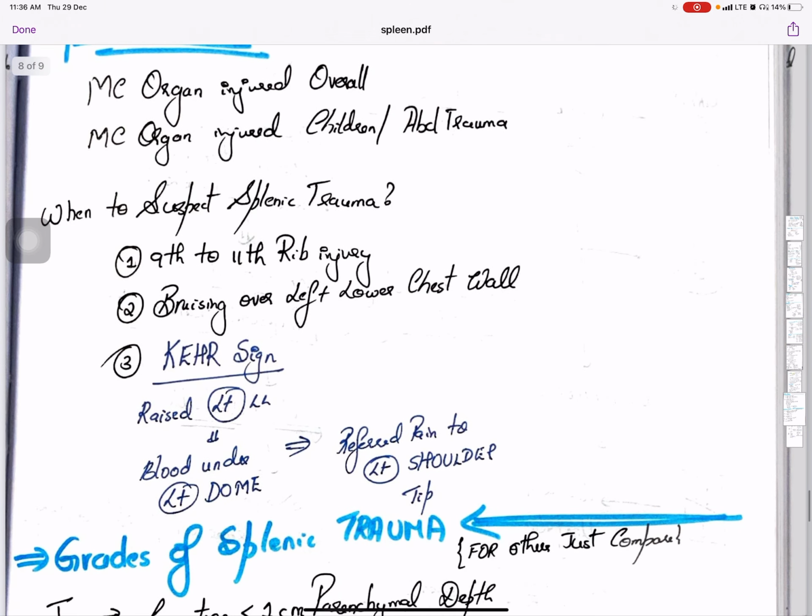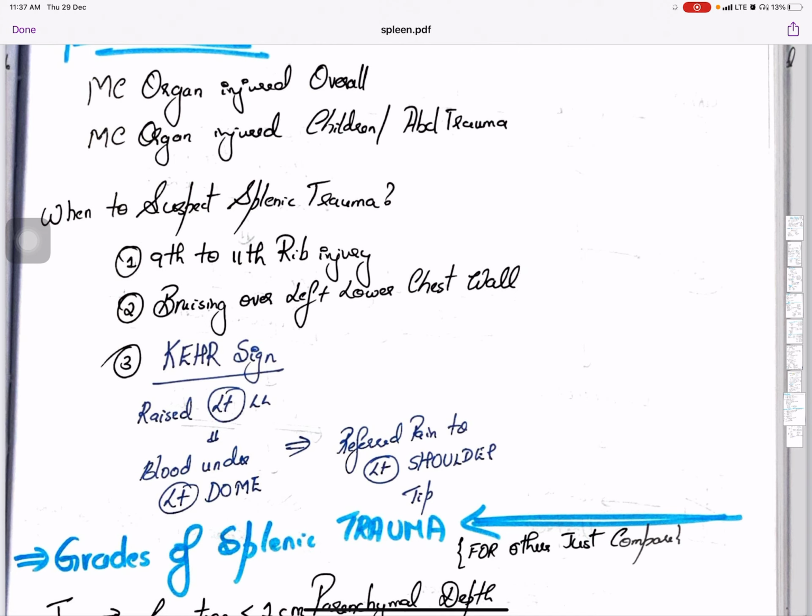Okay, when to suspect? Complication of splenic injury, clinical presentations important. That was the question of clinical features. When to suspect? When we have 9th to 11th rib fractures, when we have bruising over the left chest wall.